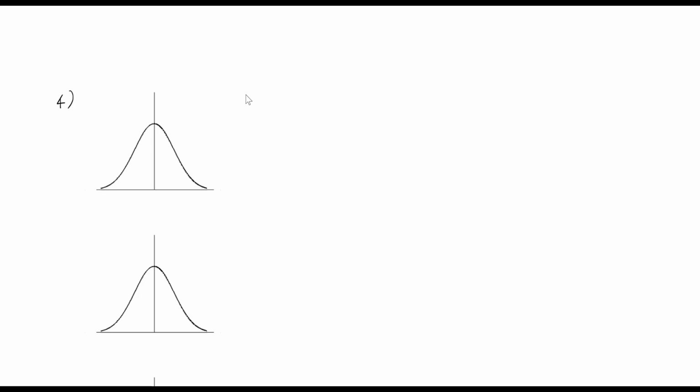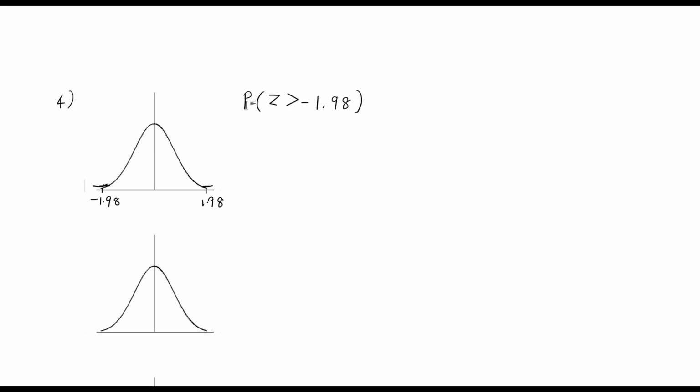Now what if the question asks to find the probability of z greater than negative 1.98? Let's say this is your curve, with negative 1.98 here, and since this is symmetric, we have 1.98 here.